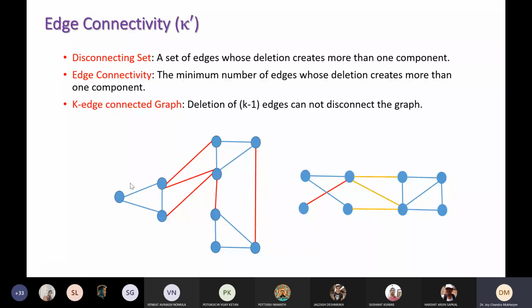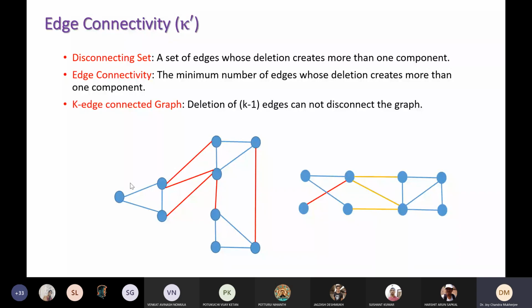So when we are talking about the maximum independent set, it is alpha. The size of the maximum independent set is denoted by alpha. Then what was alpha prime? So it is prime, that is edge. So the size of the maximum matching is alpha prime.